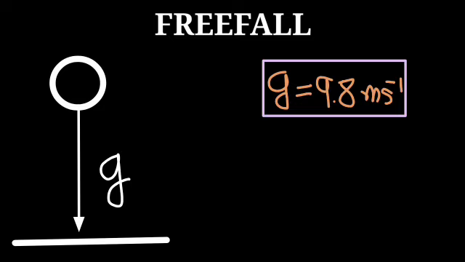So, free fall is just like our uniformly accelerated motion, but the acceleration is always downwards and equal to g.